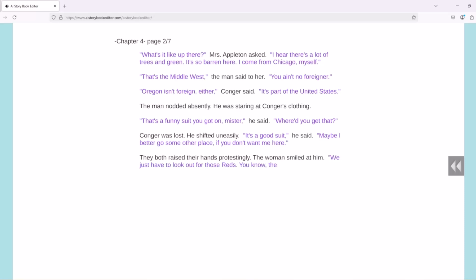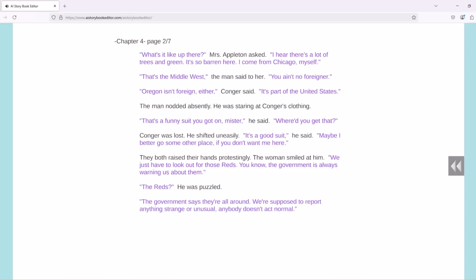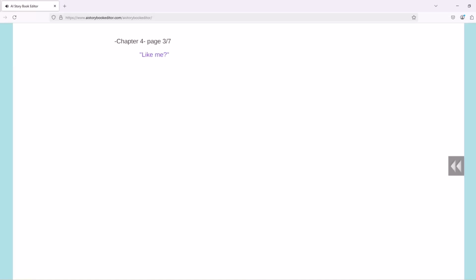You know, the government is always warning us about them." "The Reds?" He was puzzled. "The government says they're all around. We're supposed to report anything strange or unusual. Anybody doesn't act normal." "Like me." They looked embarrassed. "Well, you don't look like a Red to me," the man said. "But we have to be careful."